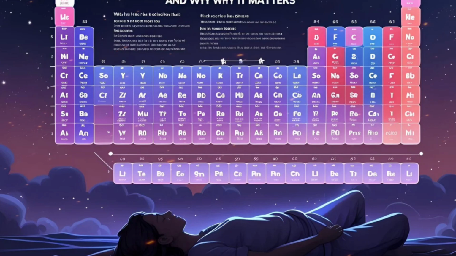Its ability to form stable covalent bonds with a wide range of other elements makes it uniquely suited for building large, stable molecules. Carbon can also exist in multiple pure forms, called allotropes, including graphite, diamond, and graphene. Each has different properties, from hardness to electrical conductivity, and all are useful in science and technology.